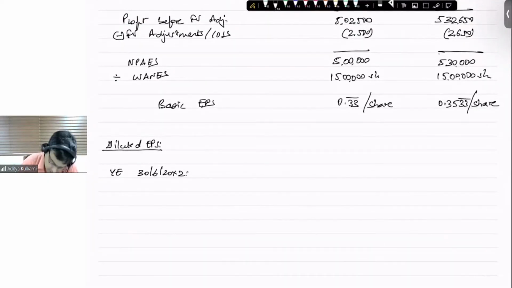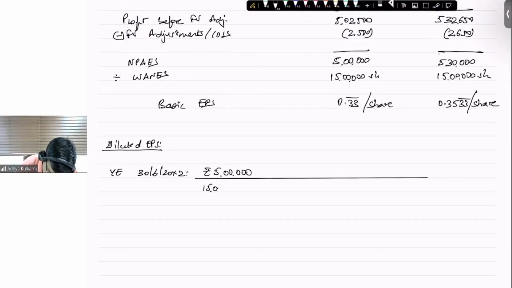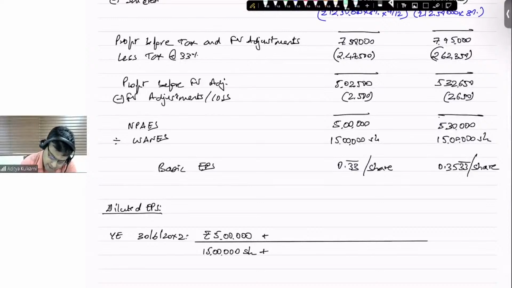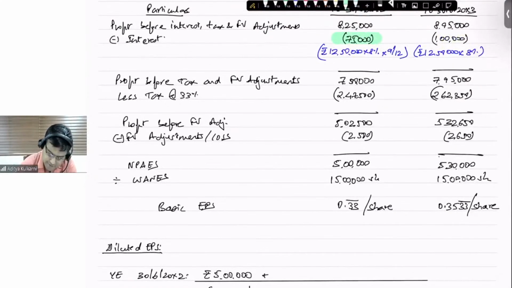Starting point is basic EPS. So 5 lakhs divided by 15 lakh shares plus. Now what is happening? Potential shares are there. So because of potential shares, we will add back whatever is the impact.